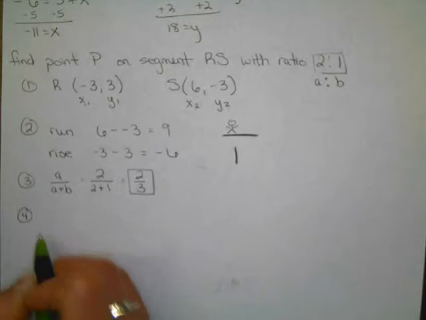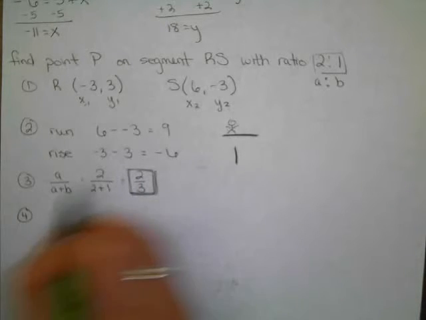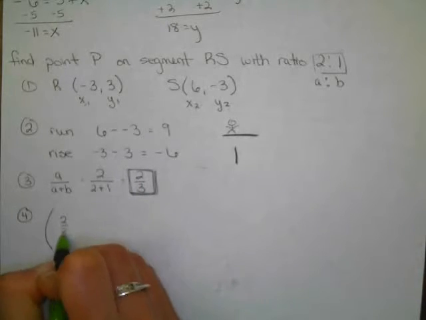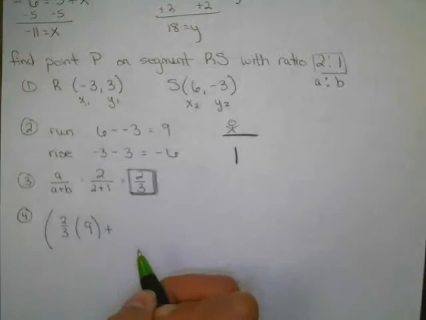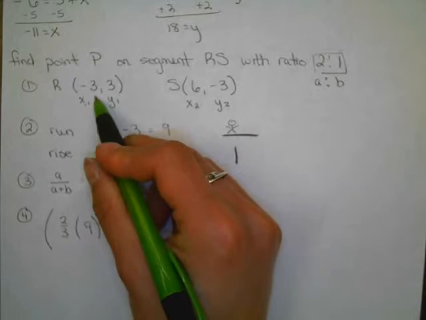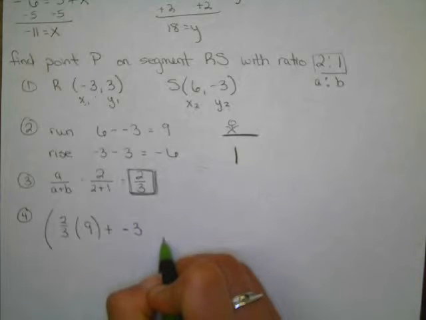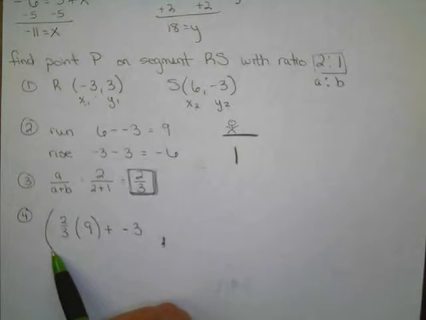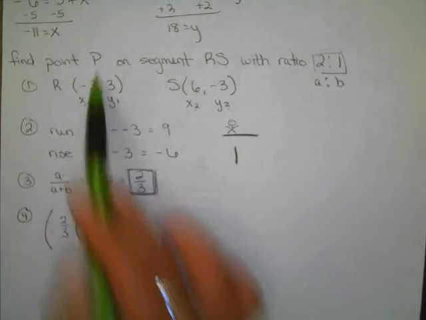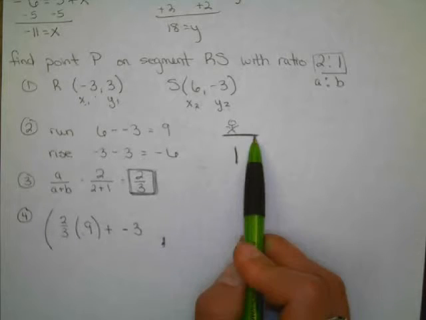My last step is to use the formula, which uses this number here that we found, which is 2/3, times whatever the run is, which is 9. And then we're going to add to that where we started, which on the x values was negative 3. Comma, the reason I have this comma, you'll notice this big parenthesis here, is because this is a point, because we're finding a point P. So again, I took the 2/3, that ratio that I found, times the run, which means I'm going in the x direction.